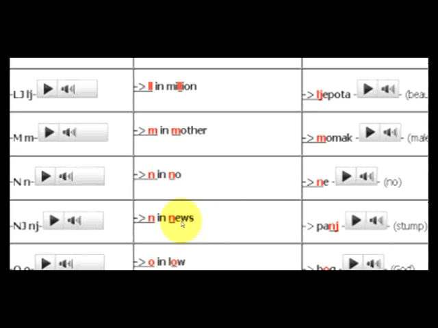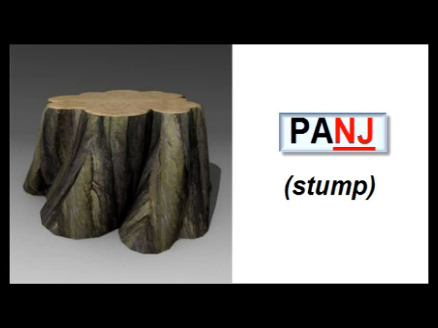In English, several letters like N-E-W pronounced together give a similar sound to Croatian letter Nj. Again, Nj is compiled from two letters, N and J, N-J, Nj. Panj.